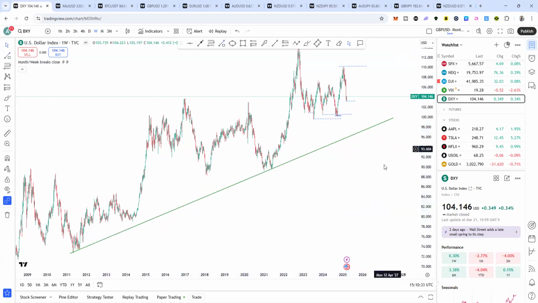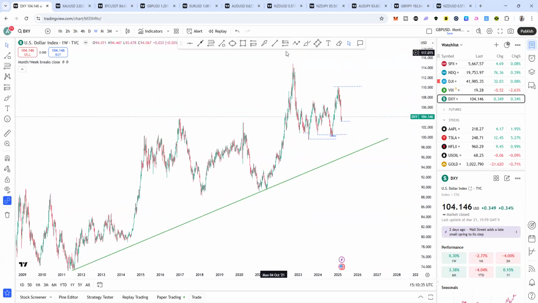Not that we don't have pullbacks, but since 2012, anytime we pull back and then bounce up from there, we always have a higher high. This high is higher than this one.